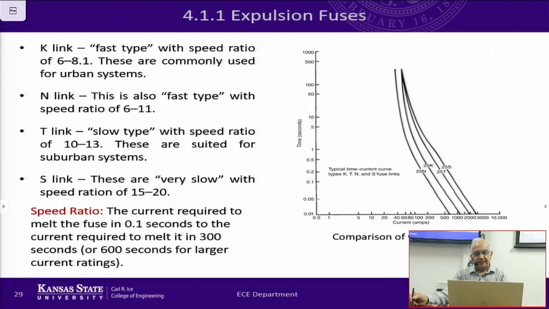The N-link, which is the one right here, has a speed ratio of 6 to 11. The T-links are the slow type, right here, with a speed ratio of 10 to 13, and these are suited for suburban systems. And then S-links, which are the last one here, are very slow, with a speed ratio of 15 to 20.